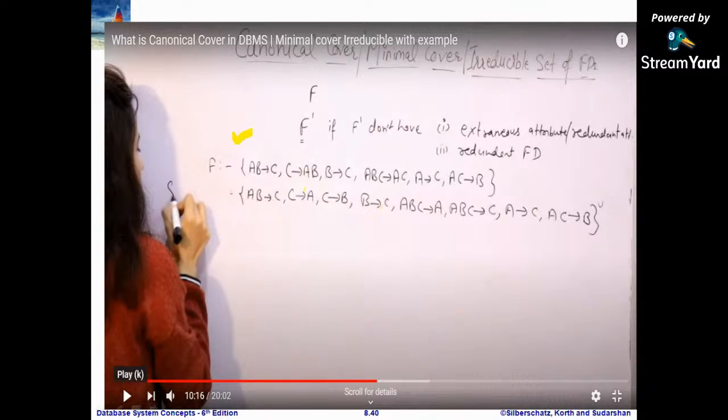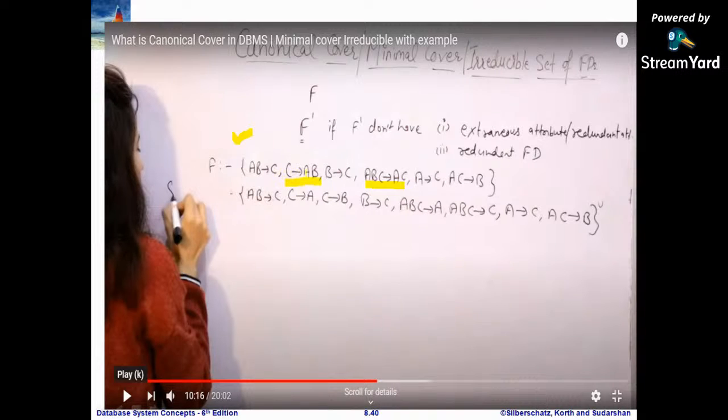How will you process it? In the first step, you have to see all the functional dependencies which have a right hand side with more than one attribute, and we will apply decomposition.